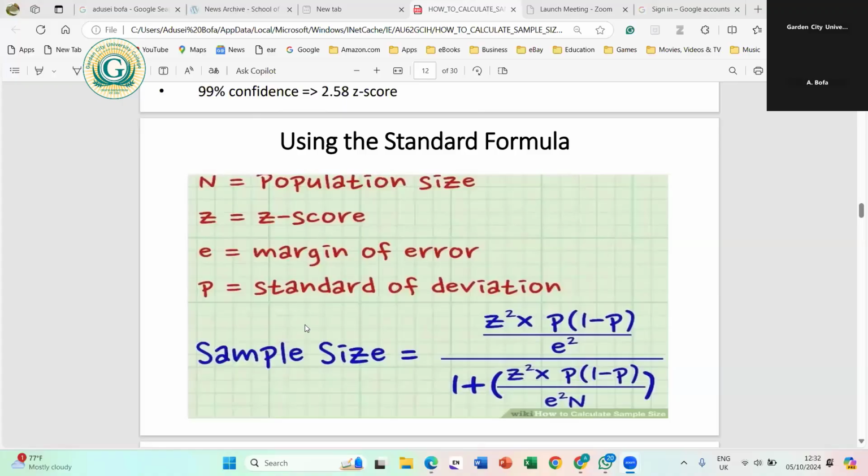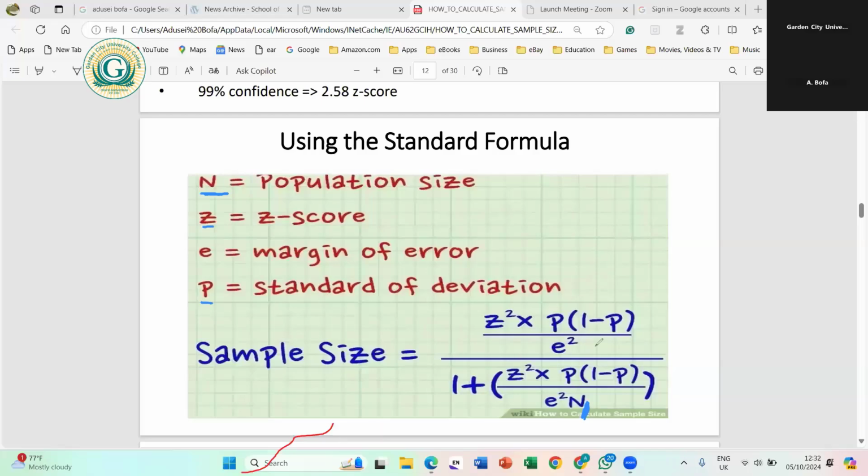If you look at this formula, you will see that you need to know your population size. You see N is in there, which means you have to know your population size. Then the z-score, the margin of error, and then your P, which is the standard deviation.